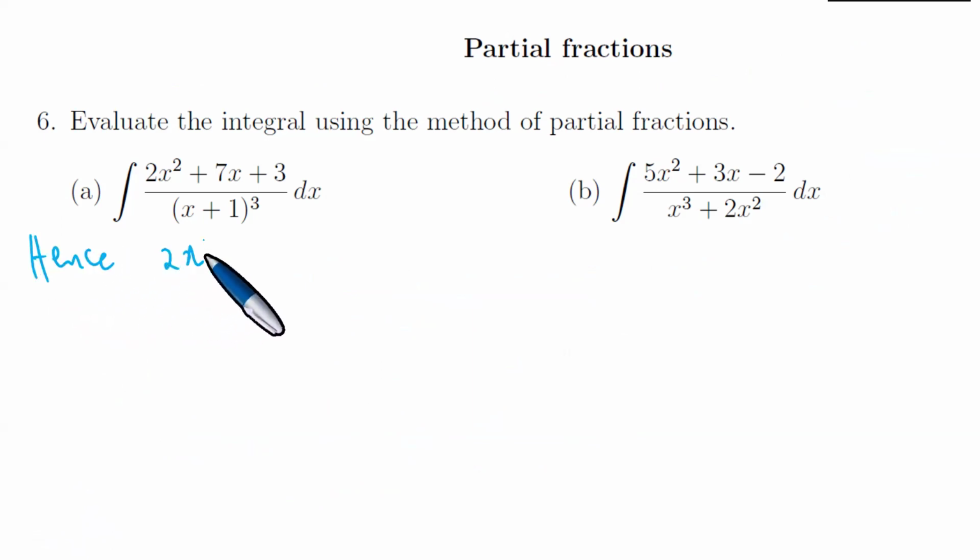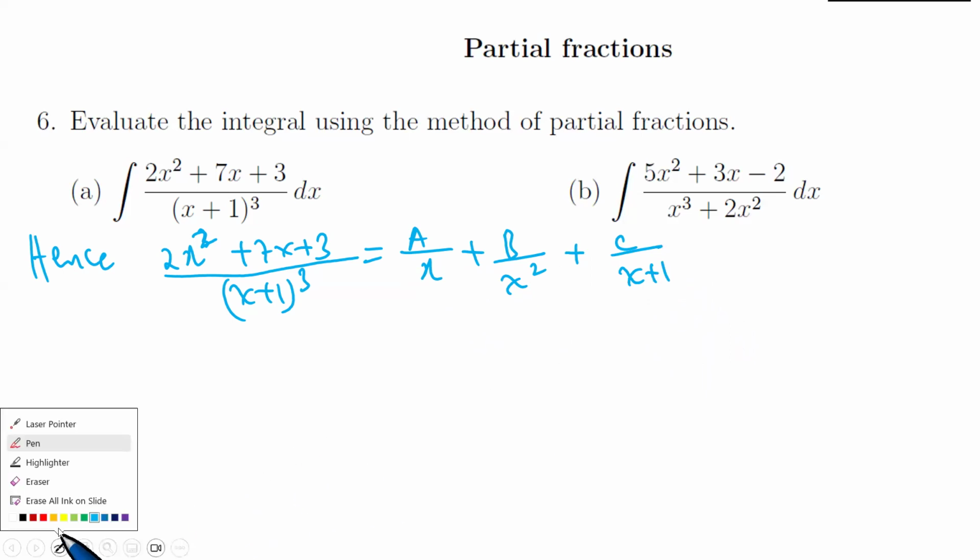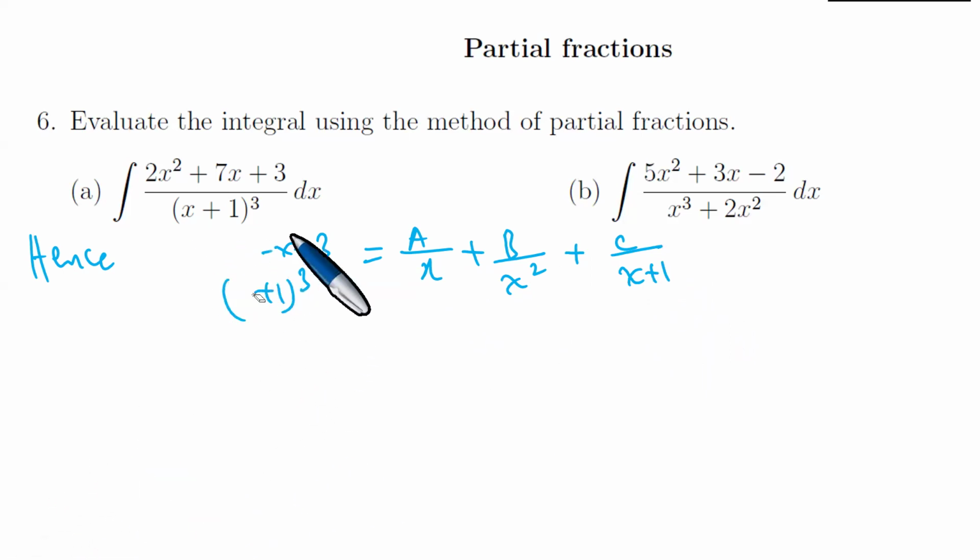Hence, what we have here is 2x squared, so that in the end, with a out of x, b out of x squared, c out of... okay, this is not what I actually, I mean, I'm thinking about this one.